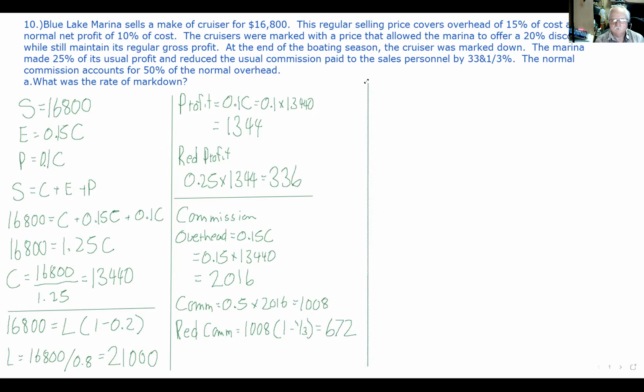So we have the regular overhead would be 1008 plus, or now the reduced overhead is 1008 plus 672.